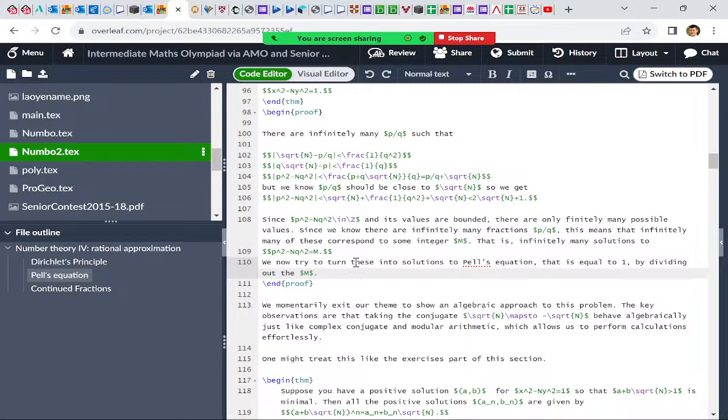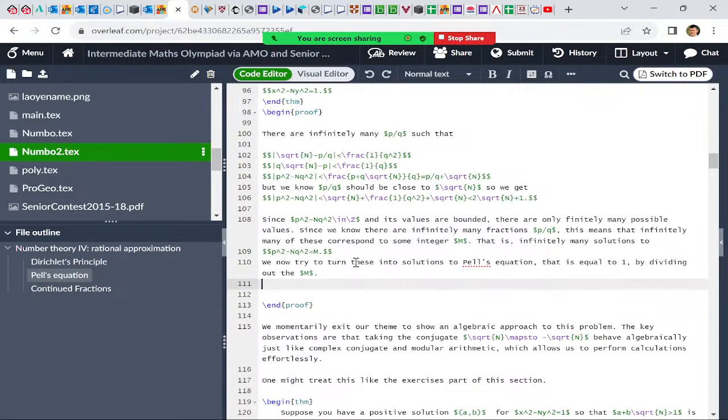So you take P1, Q1, and P2, Q2 are two pairs of these M solutions.